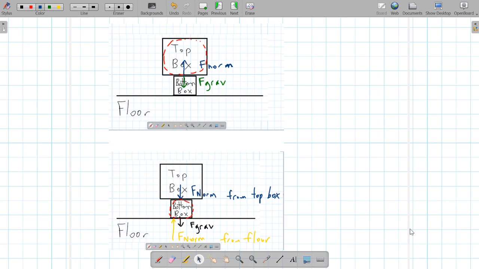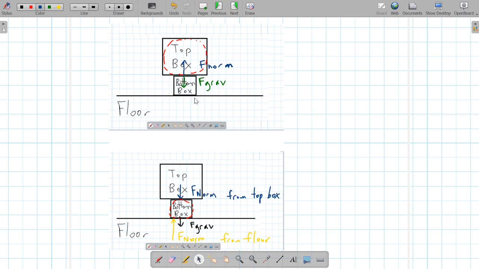So now that we have finished drawing our two free body diagrams, I want to look at these two illustrations directly next to each other so that we can analyze a few things. The first thing I want you to notice is that I drew the normal force here and the normal force here the same color. The reason is that I wanted to show you that these are action-reaction pairs, meaning both these forces are a result of Newton's third law.